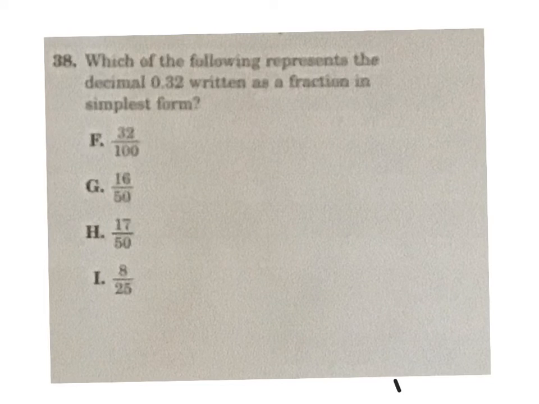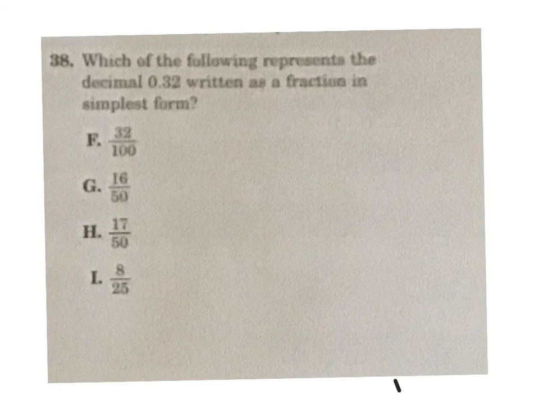Number 38, which of the following represents the decimal 0.32 written as a fraction in simplest form? And the way we do that is we go 0.32 and I say it, and it'll help me to know what fraction it is. To say this in words, it's 32 hundredths.